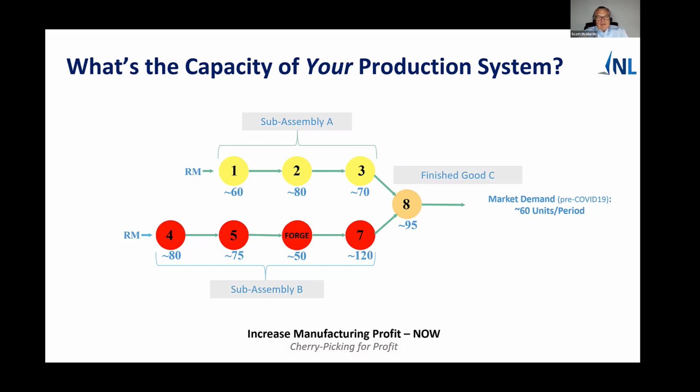But when you look at the physical capacity of that operation, this is an assembly operation, the Forge Work Center, the one you can see there in the middle, only has the ability to produce 50 units per period. So effectively, the opportunity for that company is 50 units per period.